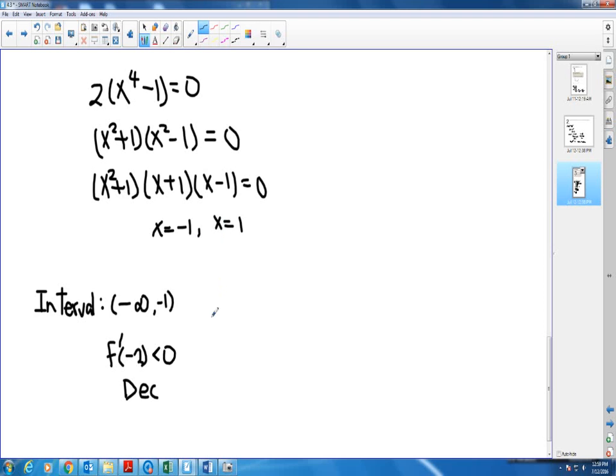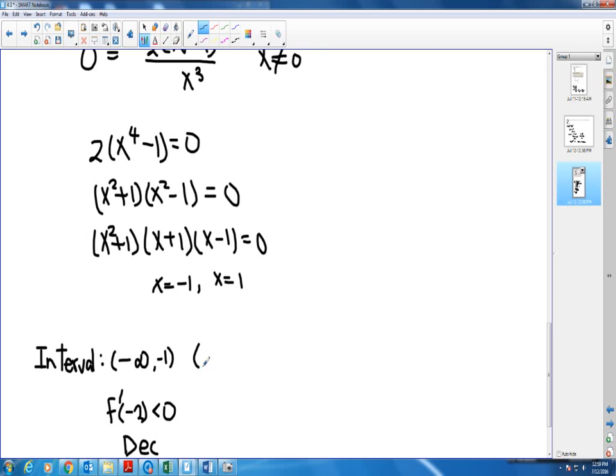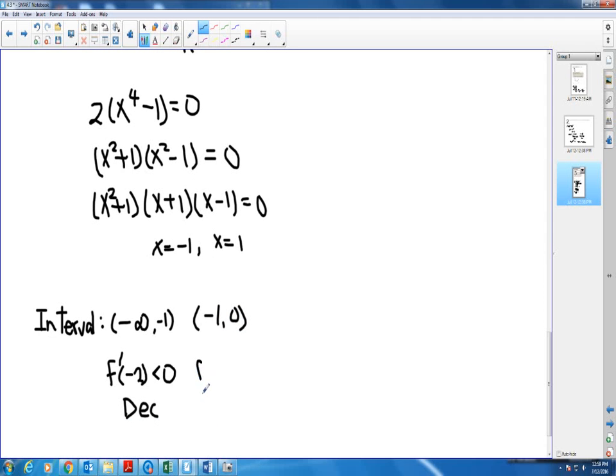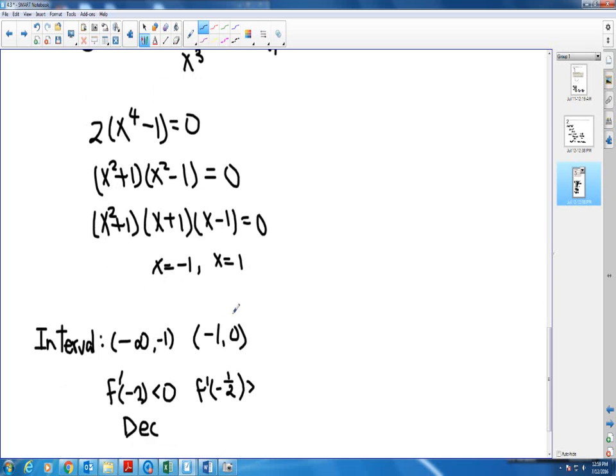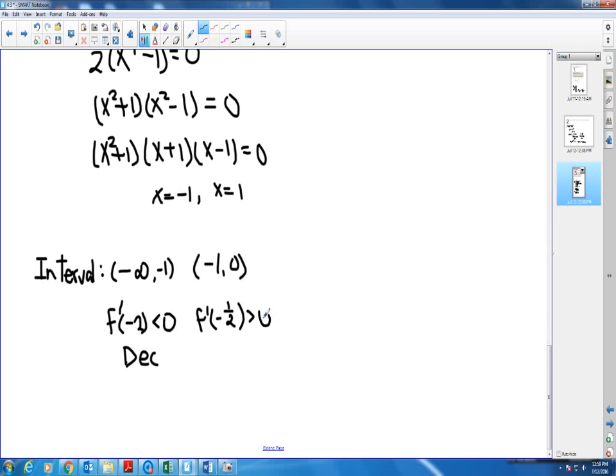Go from -1 to 0. Because I got x not equal to 0, I use that part too. For f prime, let's choose -half. If I plug in -half into my function, I think it will be positive, so that part of the function is increasing.